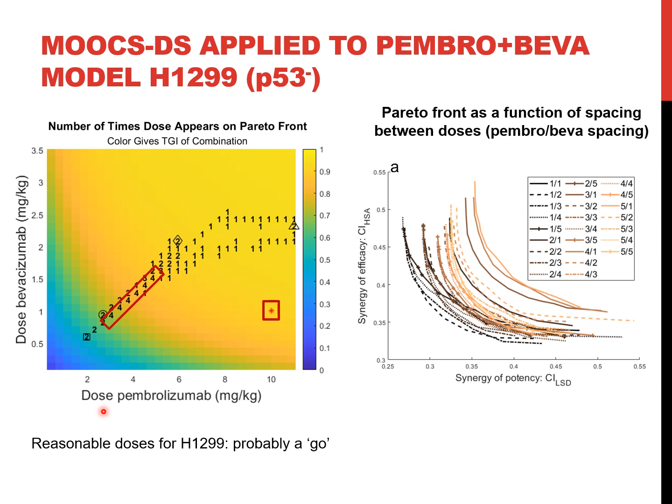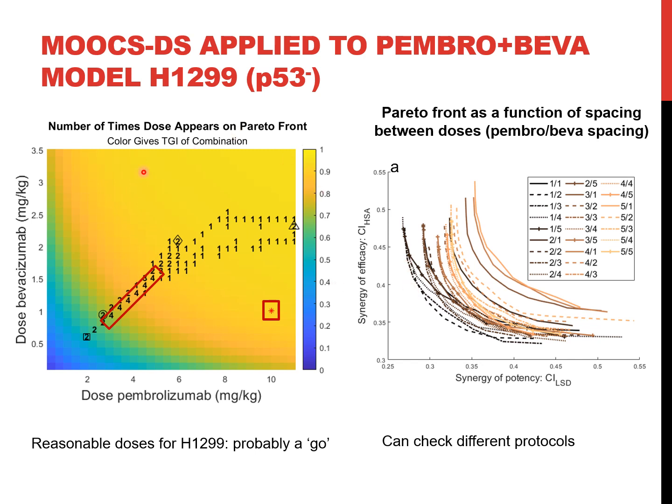You can also build Pareto fronts as a function of spacing between doses, so you can check different protocols. So the way that you read this plot, these numbers on the left is the spacing between pembro doses, on the right is the spacing between beva doses. And as you can see here, interestingly, closer spacing seems to give much lower combination indices, so higher synergy.